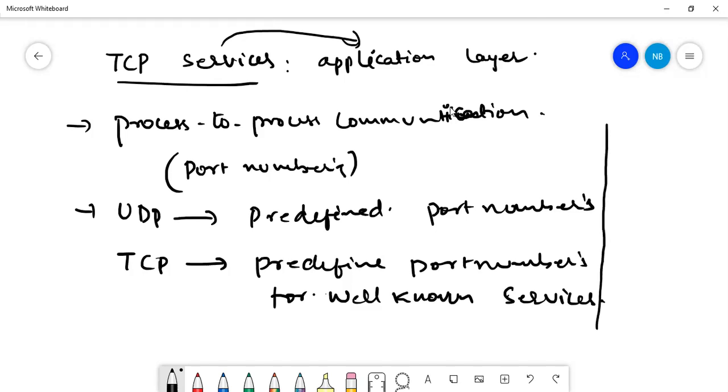The port number 7, which is also used in UDP, is used for echo.